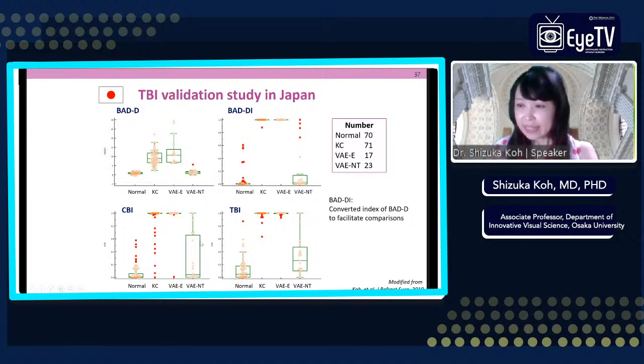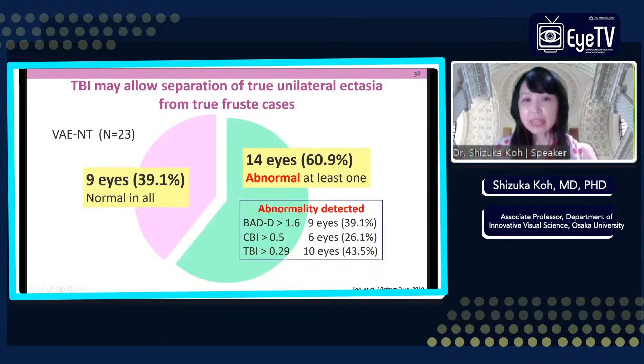As you see, in the VAE with normal topography, compared with BAD-D and CBI, TBI showed variations compared with other parameters. In our study, 60% showed abnormal values in at least one parameter from BAD-D, CBI and TBI.